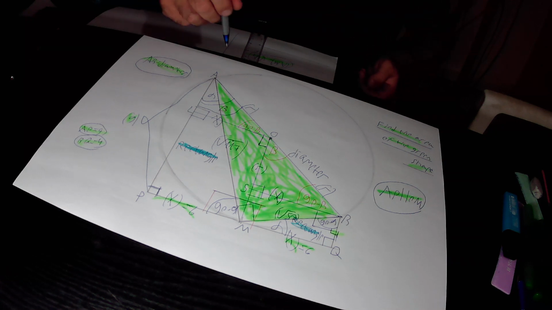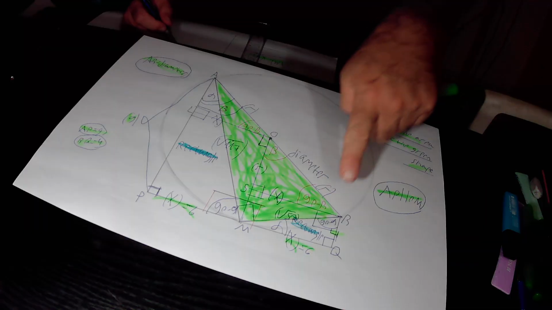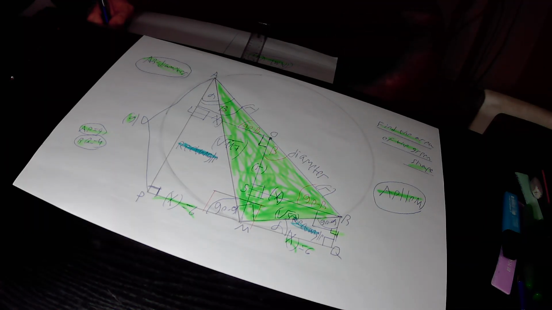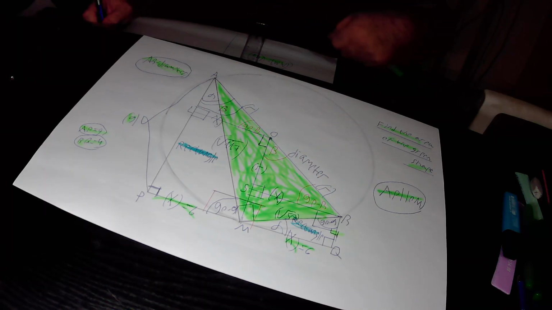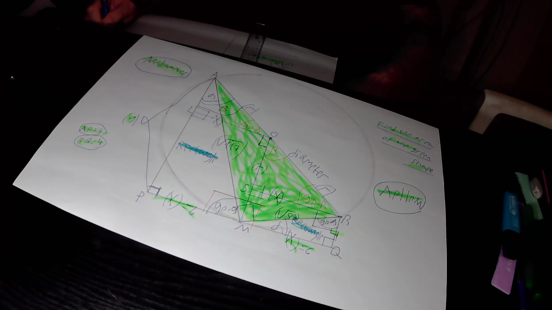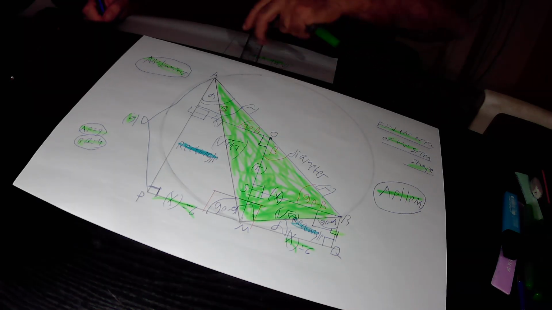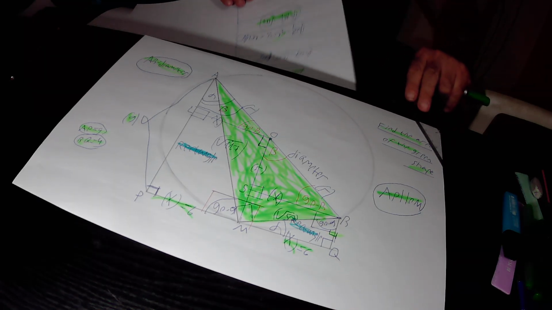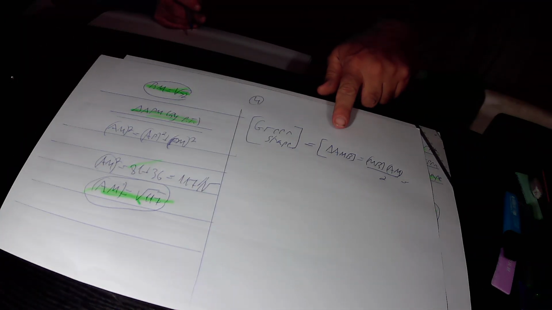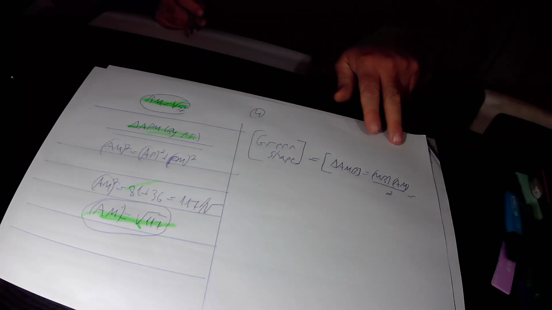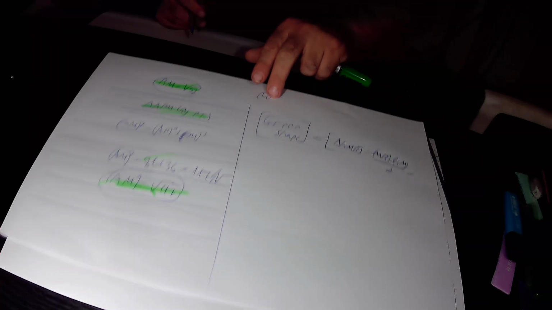Therefore, the area of this green right triangle will be equal to the base MB times the height AM over 2.